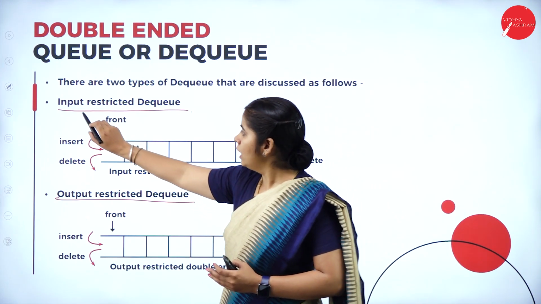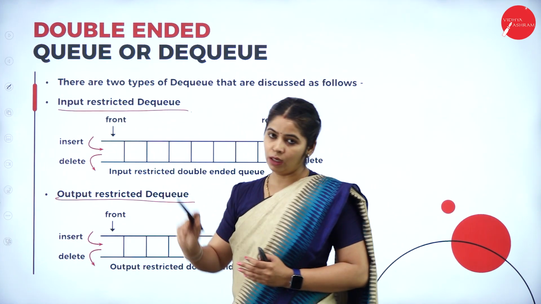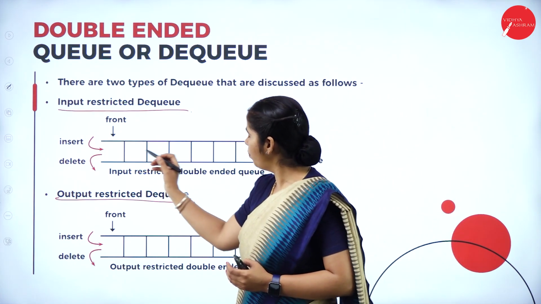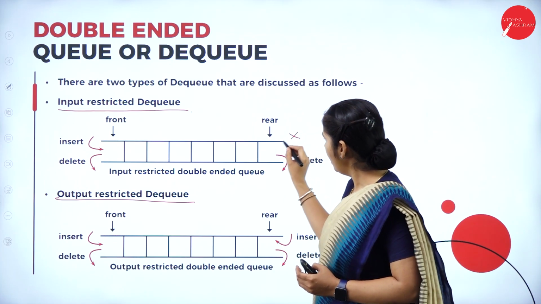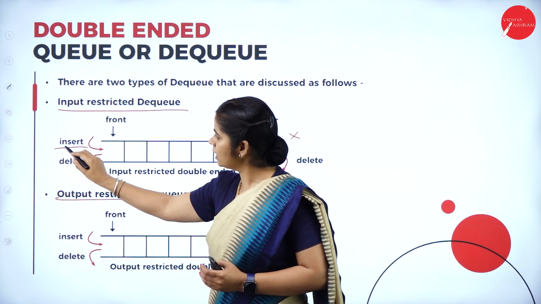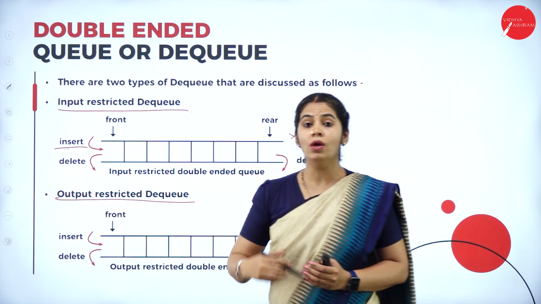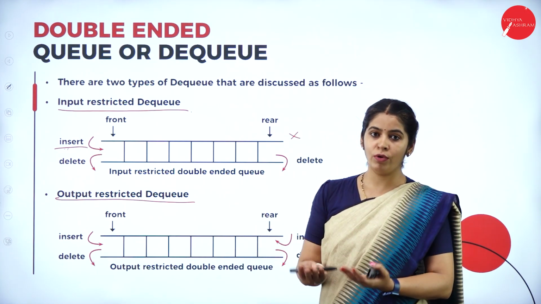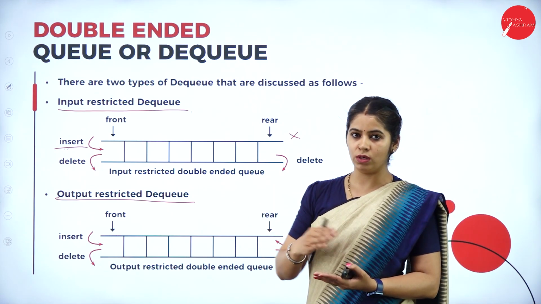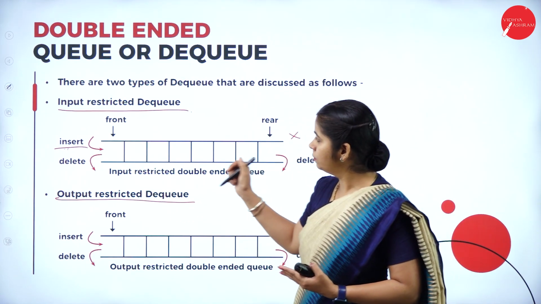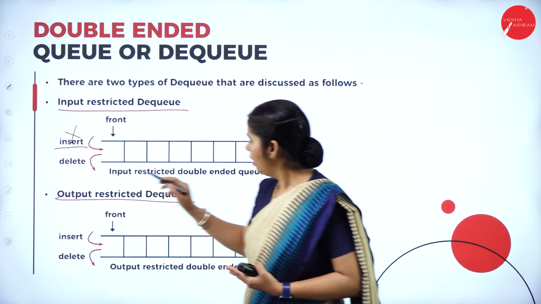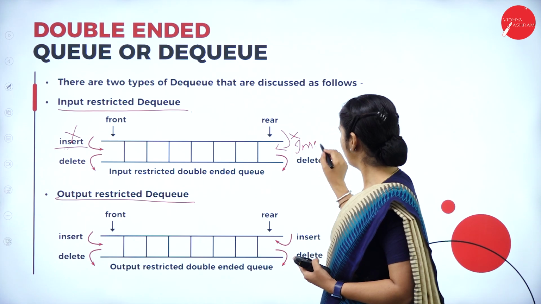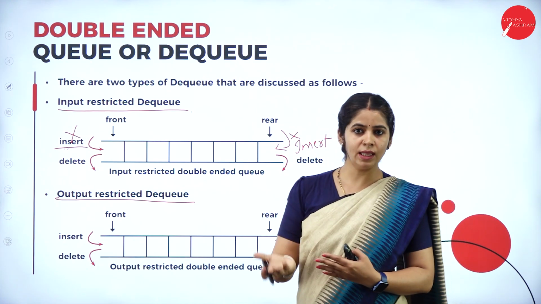That is called an input restricted DEQ. We are restricting the input: we can insert the element only at the front end but not at the rear end. That is input restricted. You can do vice versa also. You can restrict the insertion from the rear end also. You can do it either way.